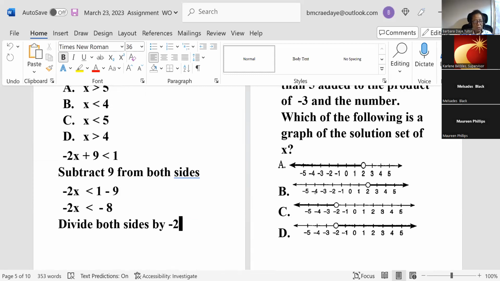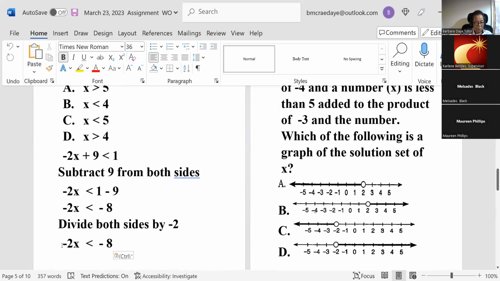So what do you get, Maureen? 4. No, you're not adding here. You're dividing. So -2 divided by -2 is 1, and 8 divided by 2 is 4.